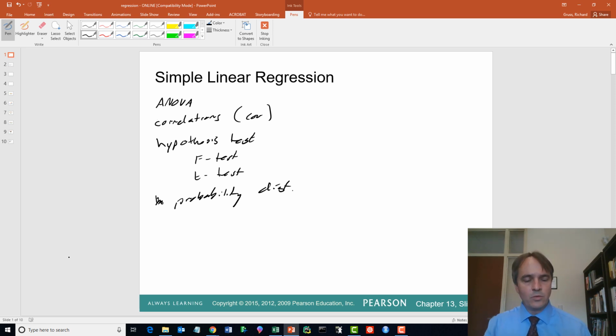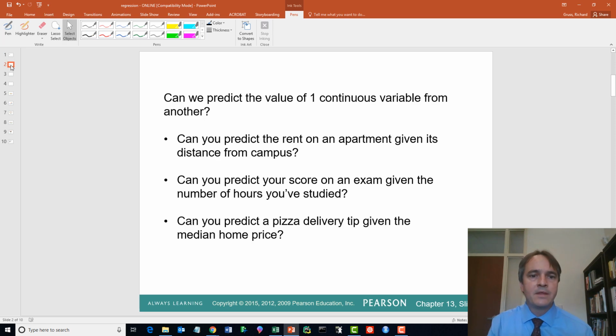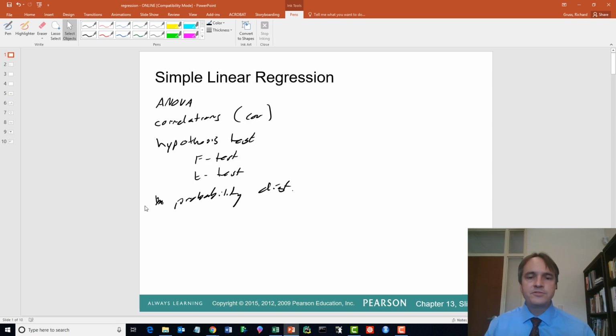Okay, all right. So what is it that we're actually trying to do with regression? There are lots of times when we're interested in looking at the relationship between two variables.